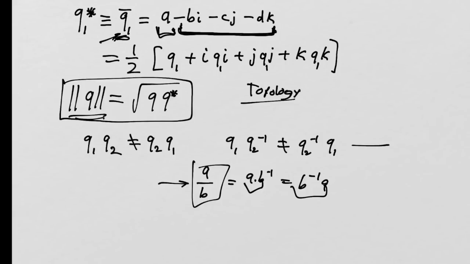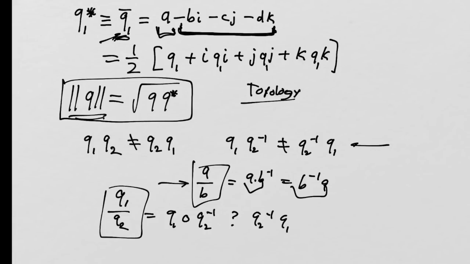But with quaternions, we're not. So if I tried to write Q1 divided by Q2, it's unclear if I mean Q1 Q2 inverse, or Q2 inverse Q1. So there's actually two ways of dividing two quaternions. So we don't usually use this kind of language. We always leave it like this.